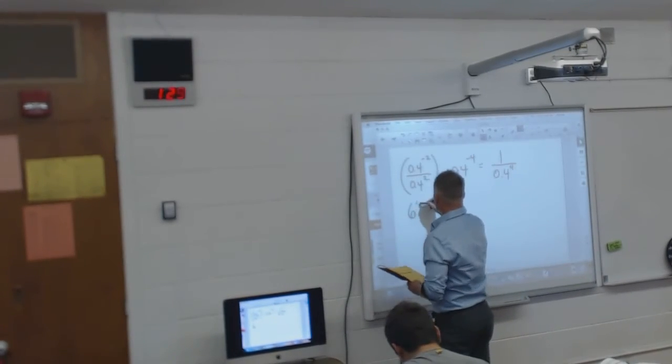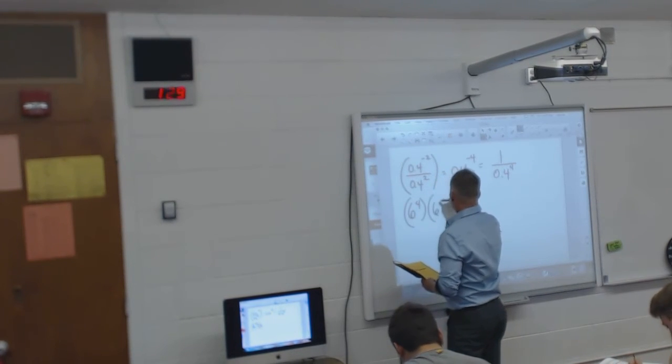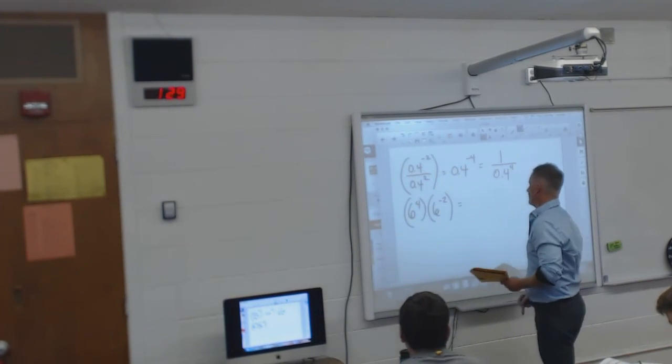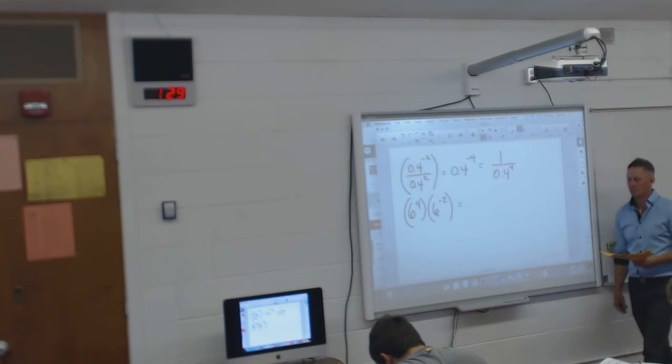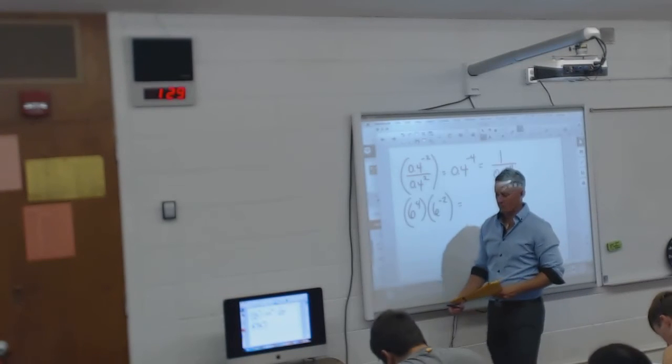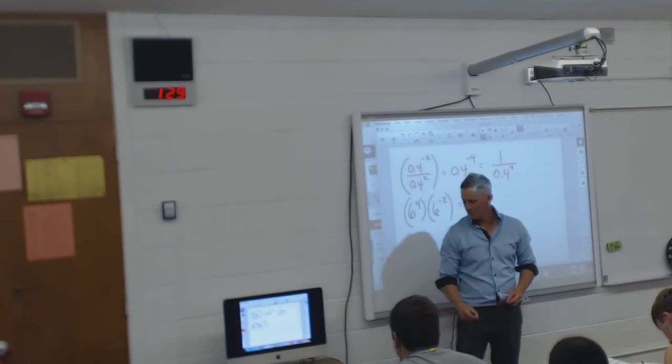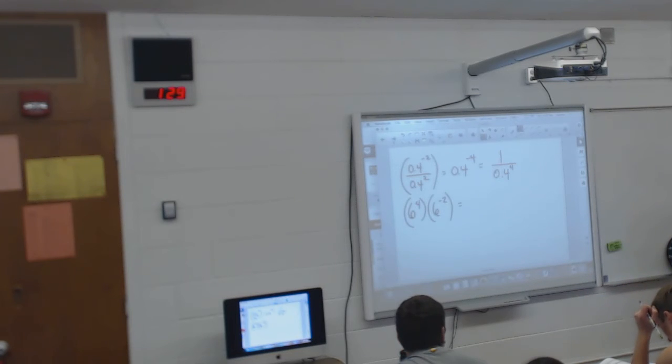Next. 6 to the 4th times 6 to the -2. Write out your answer. Don't yell it out. You wait 10 seconds to figure it out. So this is why I have my rules beside me.